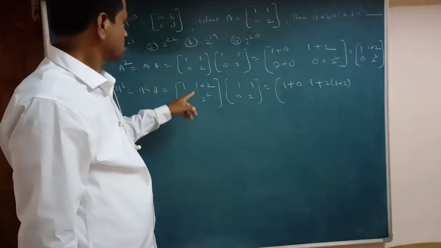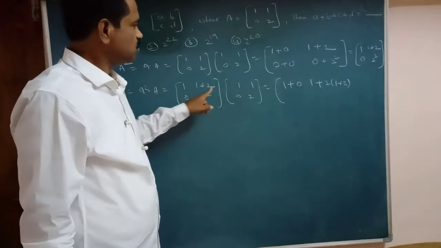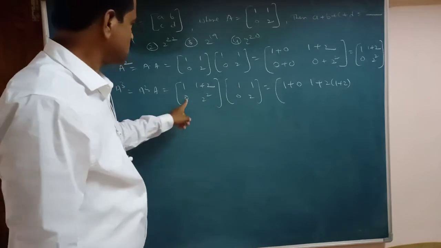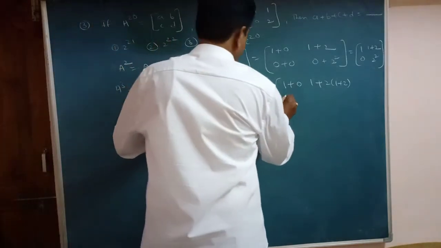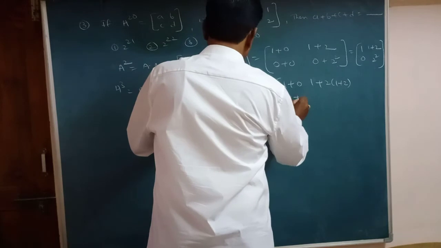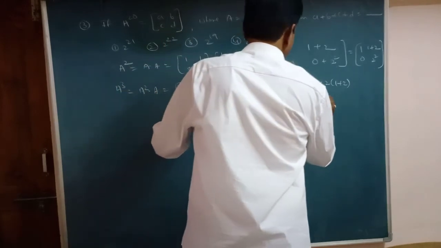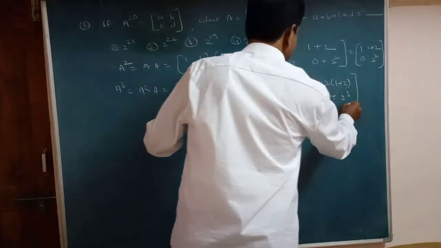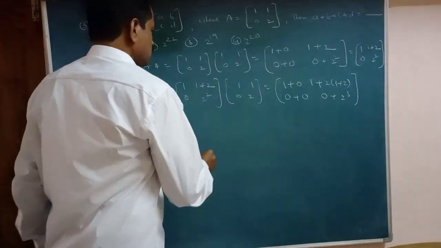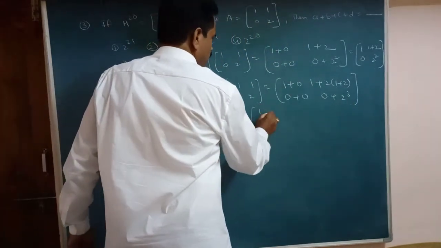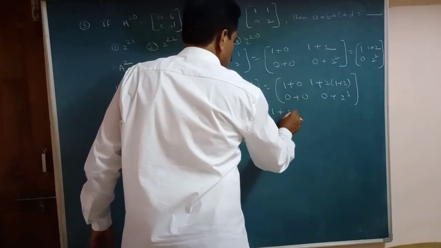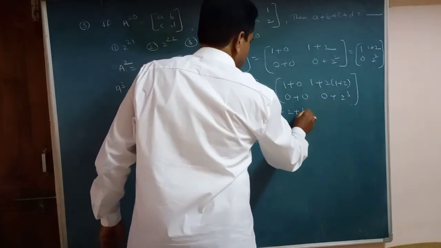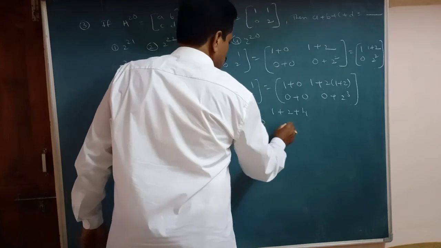Next row: 0, then 0 plus 2 square into 2, that is 2 cube. Now observe that this is 1, 1 plus 2 plus 2 square, which is 4, 0, and 2 cube.